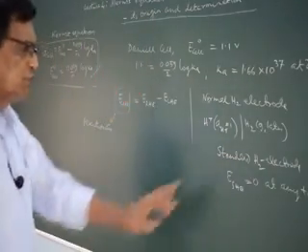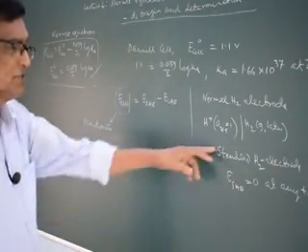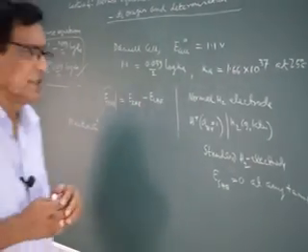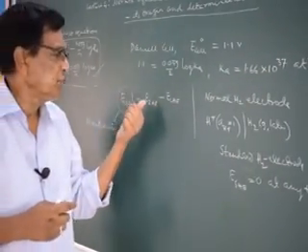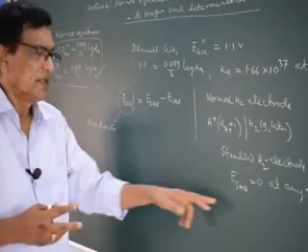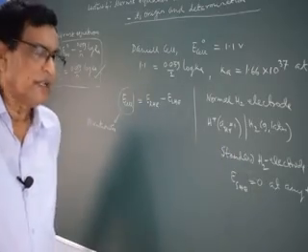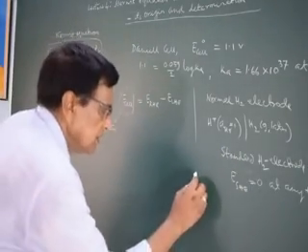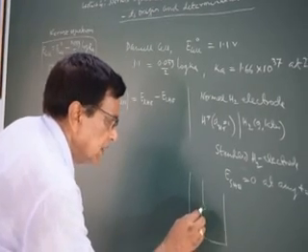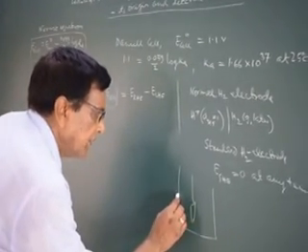This electrode is very popular, and whenever we try to determine the potential of any one electrode, the other electrode must be this standard hydrogen electrode. The sketch of this electrode will be like this.